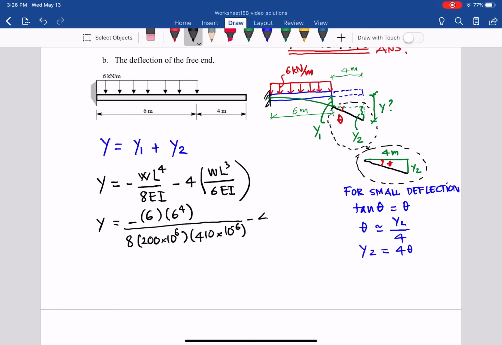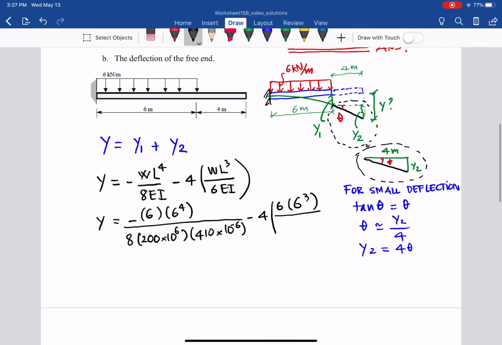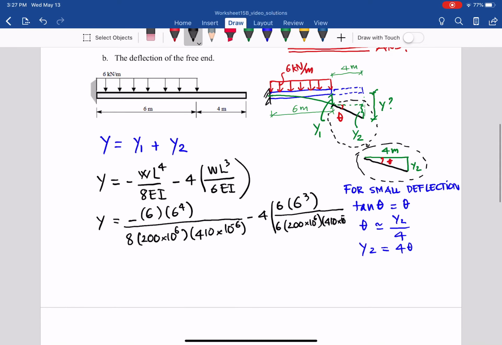Then negative 4 times W times L cubed, again 6, not 4, not 10, over 6 times 200 times 10 to the power 6 times 410 times 10 to the negative 6.